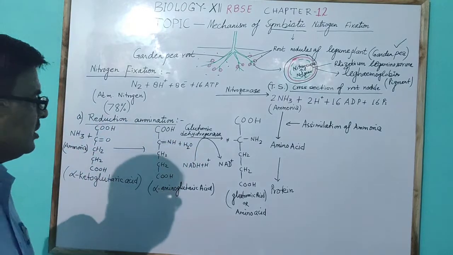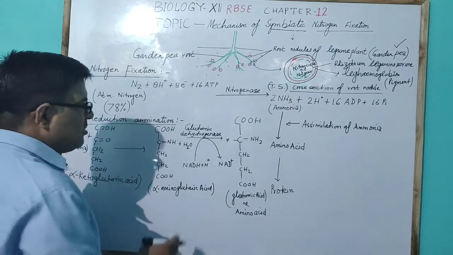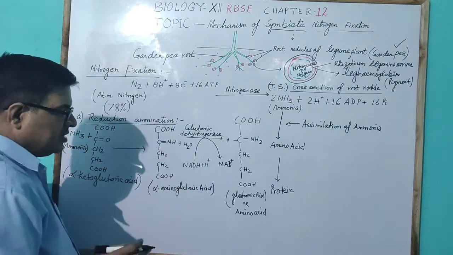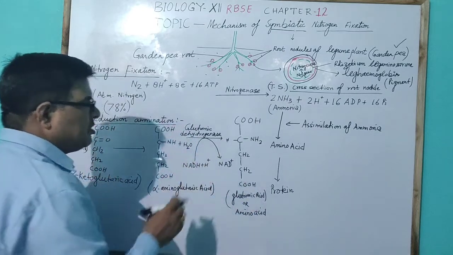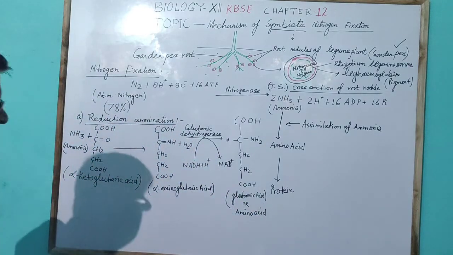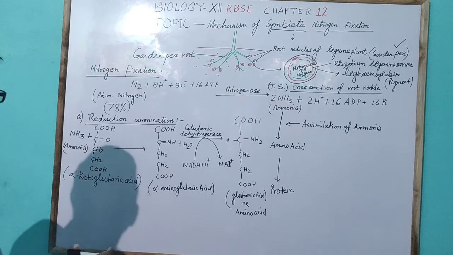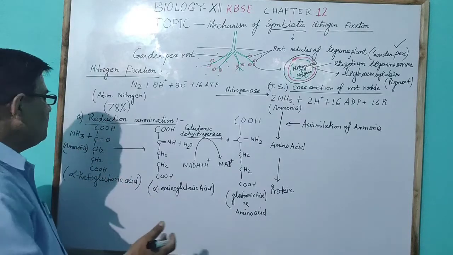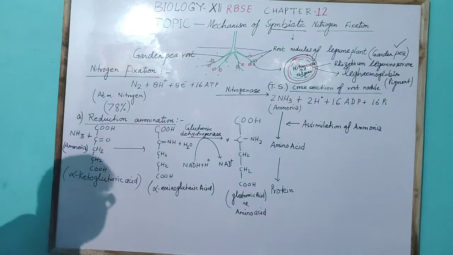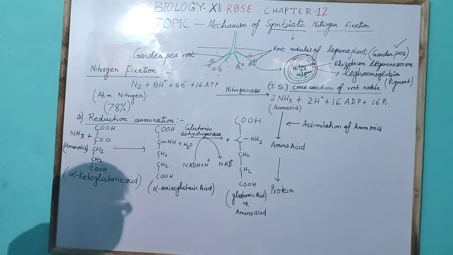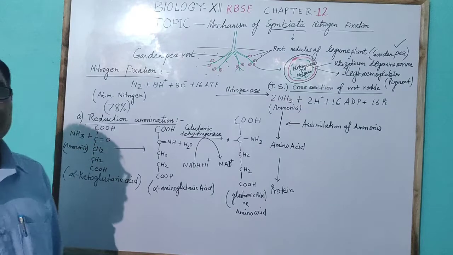Later on, in the presence of glutamic dehydrogenase, glutamic acid, which is a good example of amino acid, is produced. In this way, the first type is reductive amination. Reductive amination is the first step for the assimilation of ammonia.